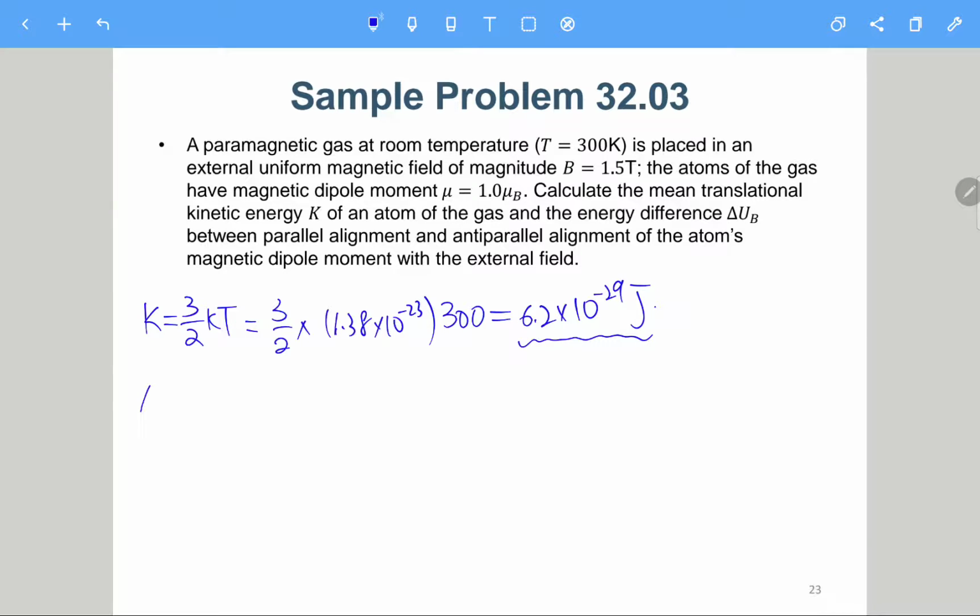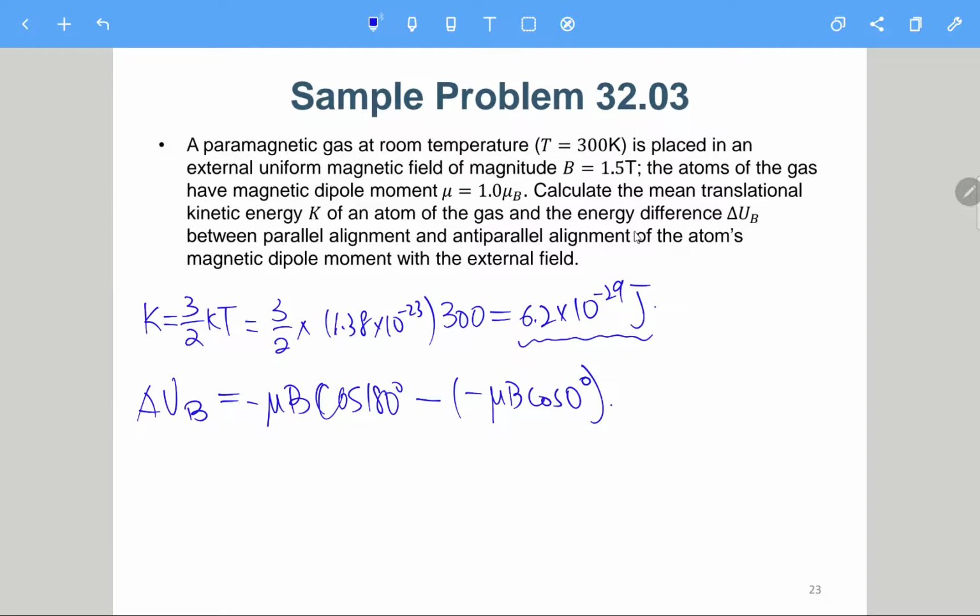For the delta UB, it is minus mu B cosine of 180 degrees, minus negative mu B cosine 0 degrees.